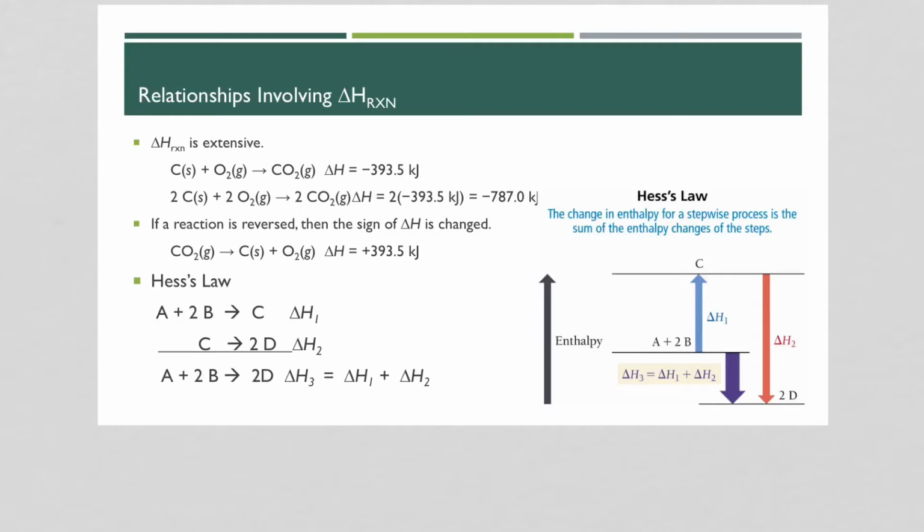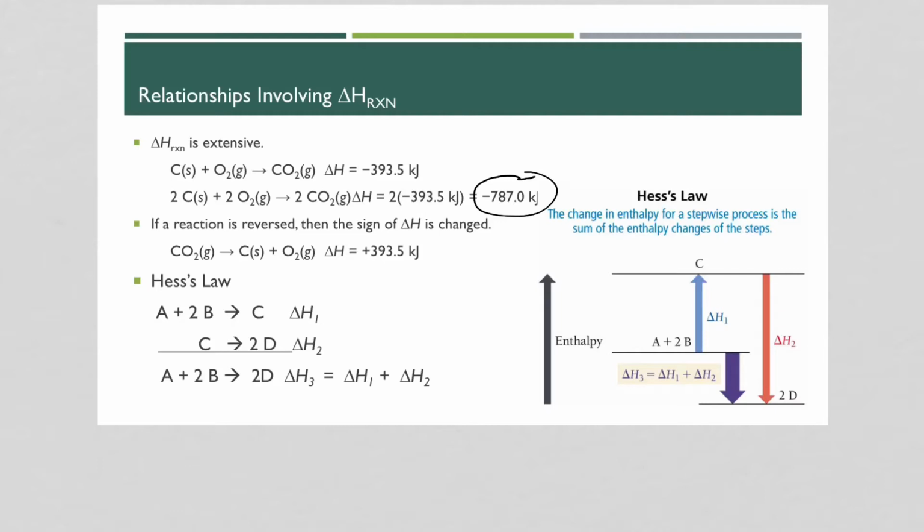So the enthalpy change for this new equation is going to be negative 787 kilojoules. And so if we alter the coefficients in any way, the enthalpy changes in the same way. So if I triple the coefficients, the enthalpy triples. If I cut the coefficients in half, the enthalpy gets cut in half.